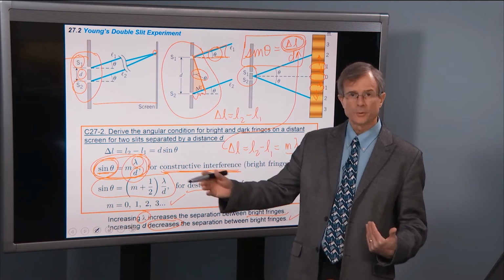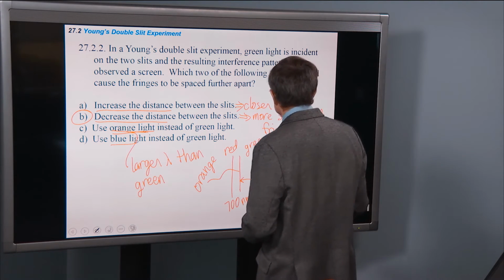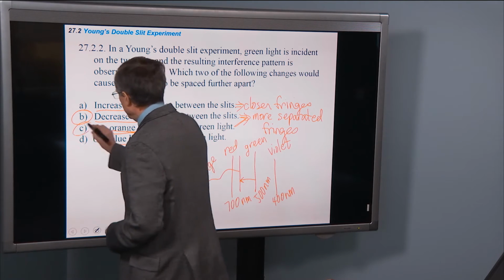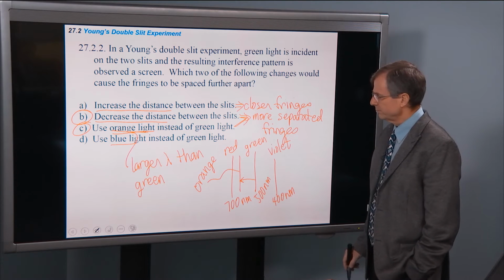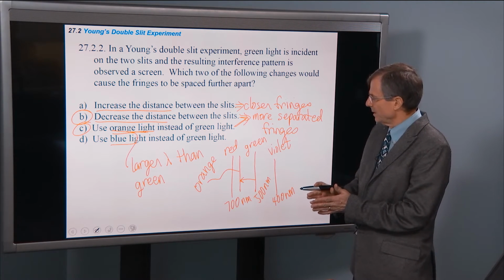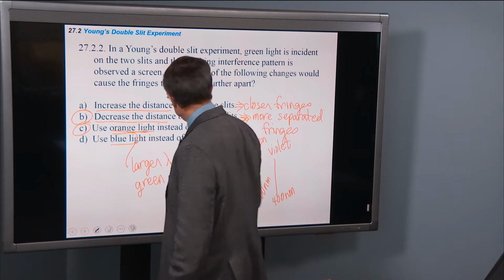It'll put them further apart. So this will also lead to more separated fringes.